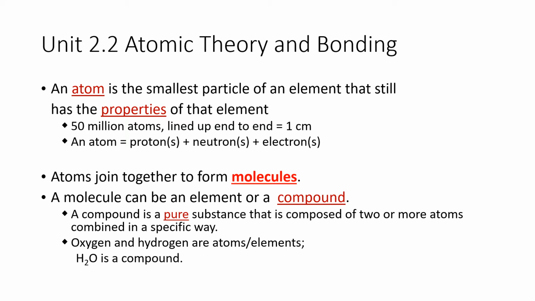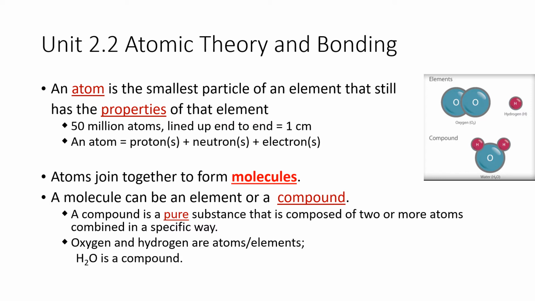And then you can combine them into H2O, you get a compound. Okay, so 2 elements, oxygen and hydrogen, and as a compound you get water, H2O. Okay, so element when there's only one type of atom present, and a compound when there's more than one type of element present.